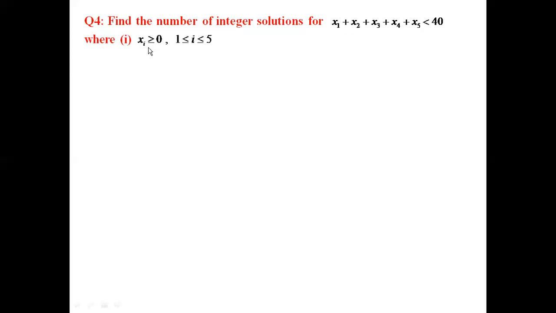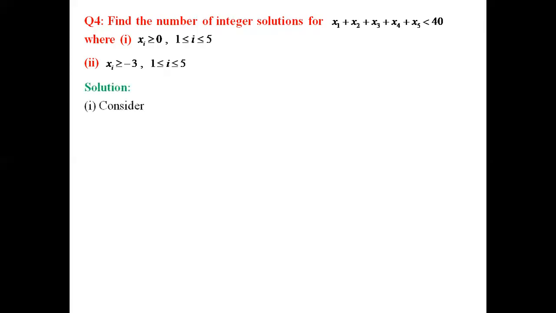First condition, each of the xi's is non-negative, and i varies from 1 to 5. Second condition, xi's are greater than or equal to minus 3, again i lying between 1 to 5. So we need to find the integer solutions of this given inequality in both these cases.